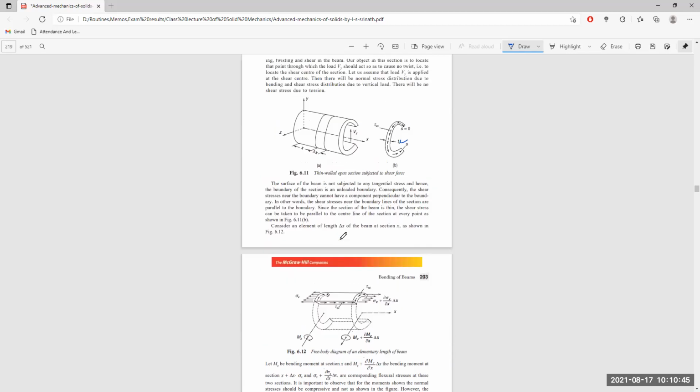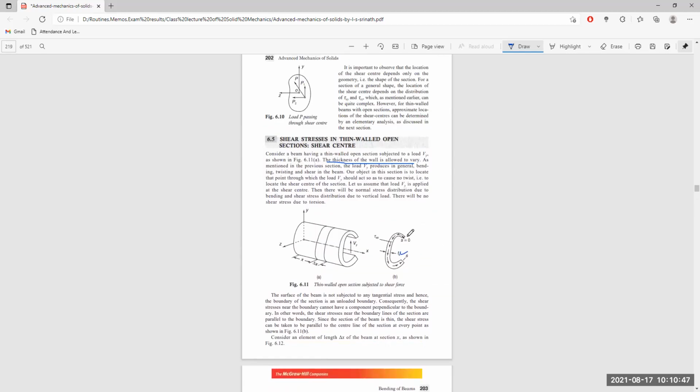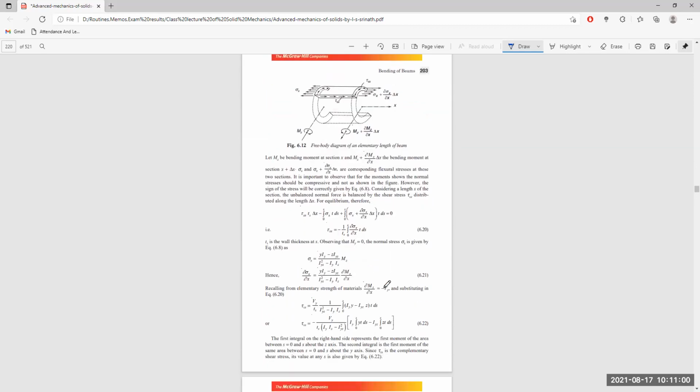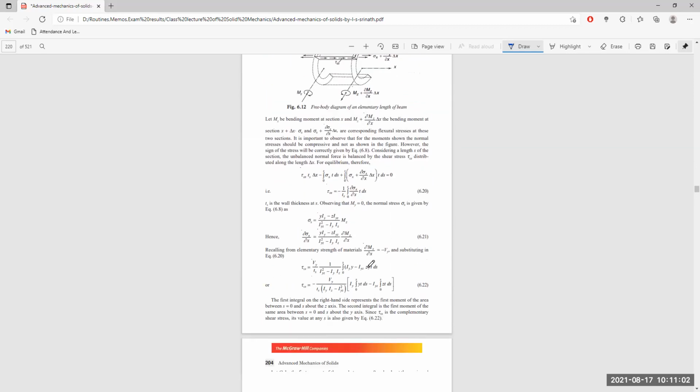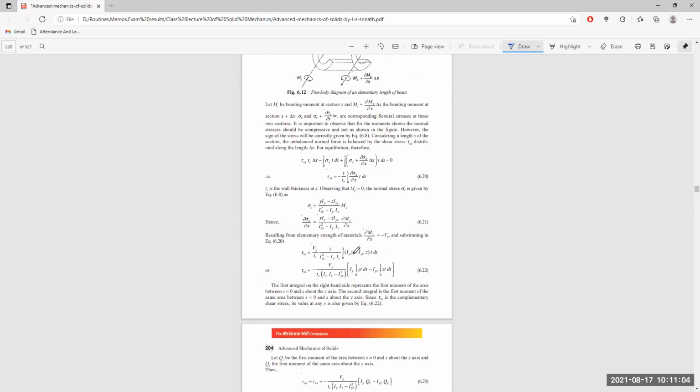As you see, s is 0 at this end, and it is bent and equal to s at this particular end. So the total length is s, and we are integrating from 0 to s y, z, t into ds.